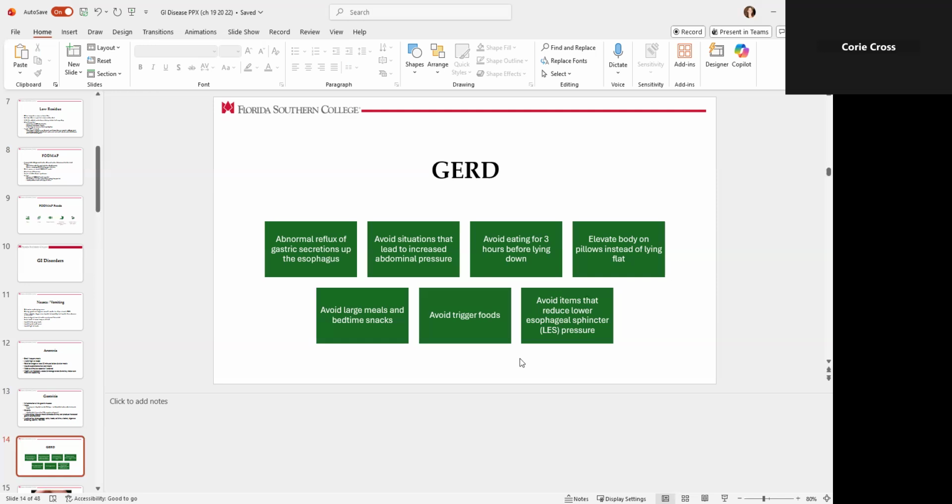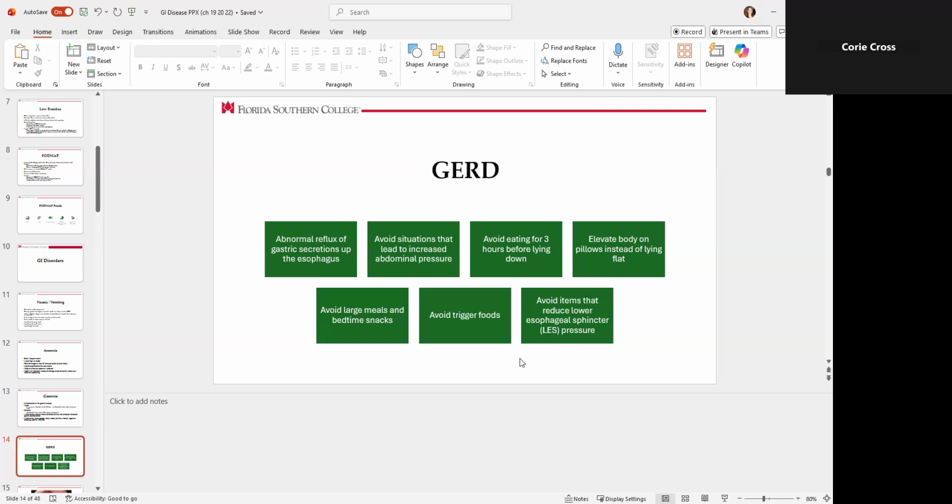If it's left untreated, chronic GERD can lead to reflux esophagitis, dysphagia, which is the difficulty swallowing, adenocarcinoma, esophageal ulcers, and bleeding. Treatment for GERD includes lifestyle modification of nutrition therapy.